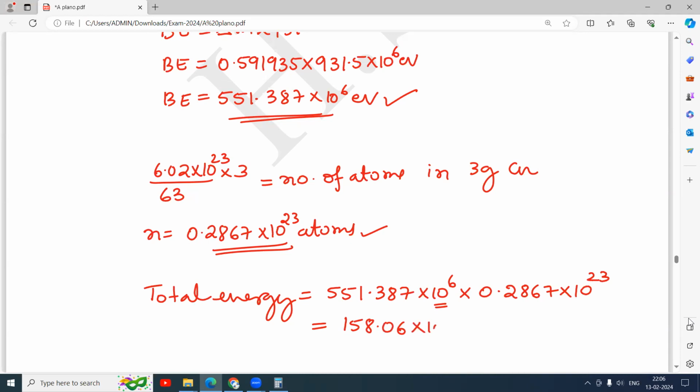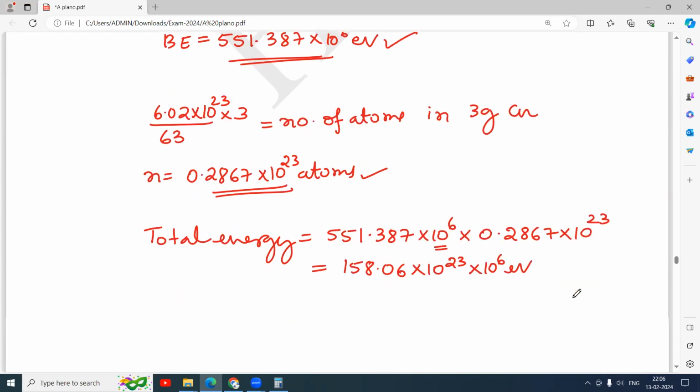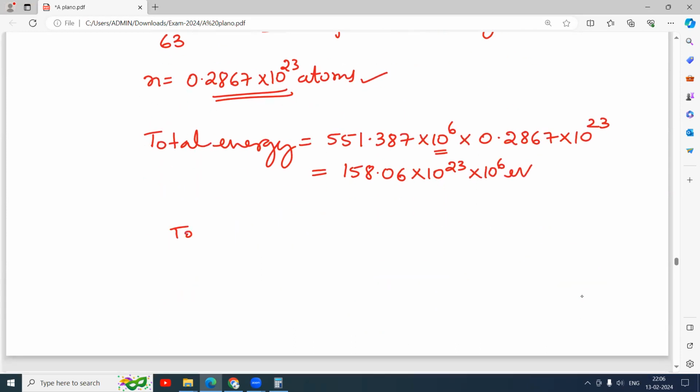So the total energy required to remove the neutrons and protons of 3 gram copper is 158.06 into 10 to the power 23 million electron volt, because 10 to the power 6 has been taken as million. So that is the answer.